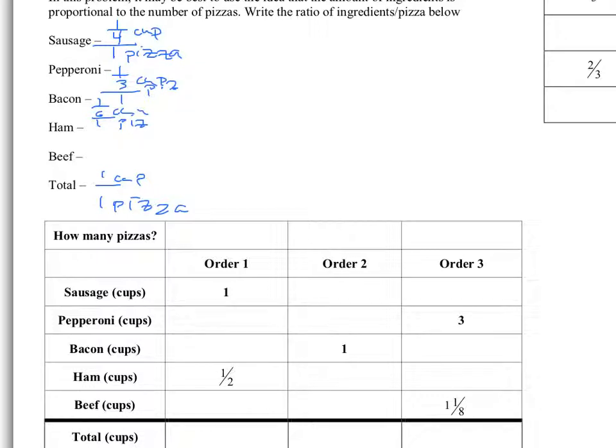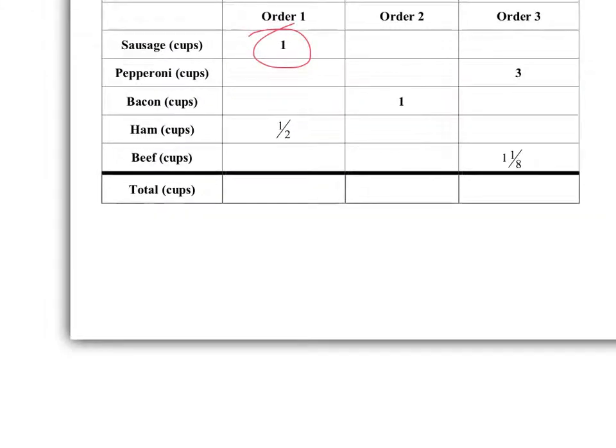I can see that there is 1 cup of sausage. If I look at my ratio for sausage to pizza, I have 1/4 cup of sausage for one pizza.